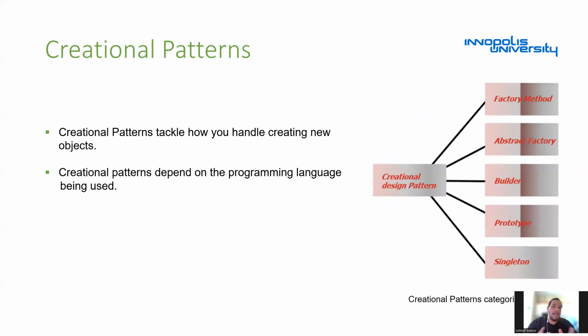Our second category is creational patterns. Creational patterns tackle how you handle creating new objects. They depend on the programming language being used. There are several different patterns based upon creating and cloning objects. We will look over each pattern more in depth in the upcoming lectures.